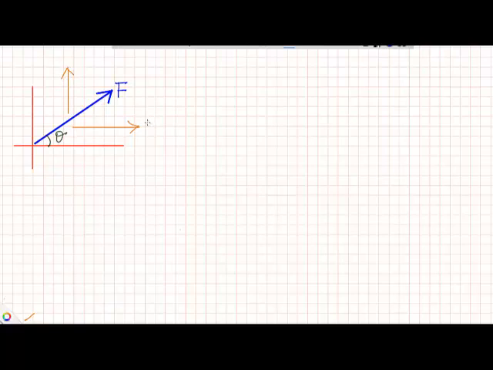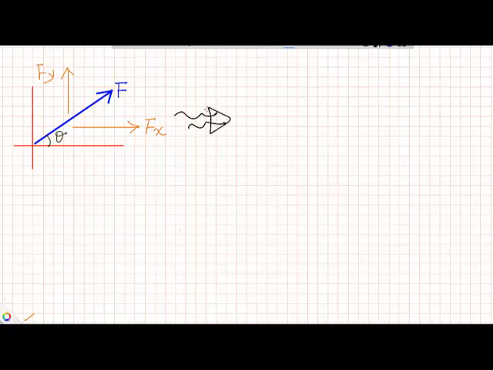Let's call the x component Fx and the y component Fy. So we need to calculate the value for the x component Fx and the value for Fy. We'll use theta to achieve this task.